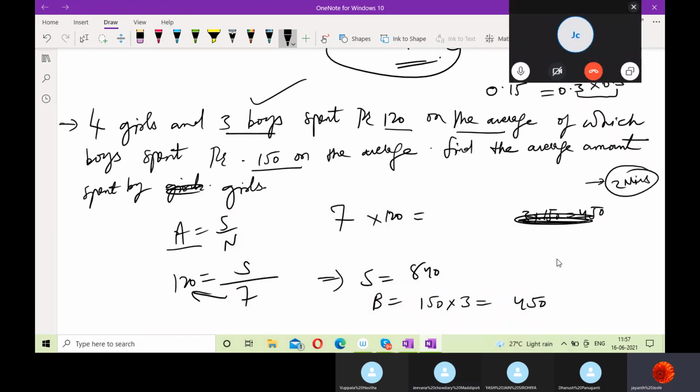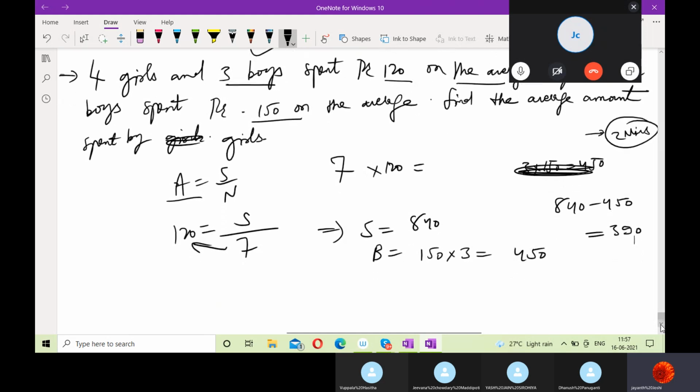So how much is left over for the girls? 840 minus 450 is how much? 390. So 390 is left over for girls. How many girls are there? 4. So the leftover will be spent by girls. So 390 by 4 is how much? 97.5 rupees will be spent by each girl.